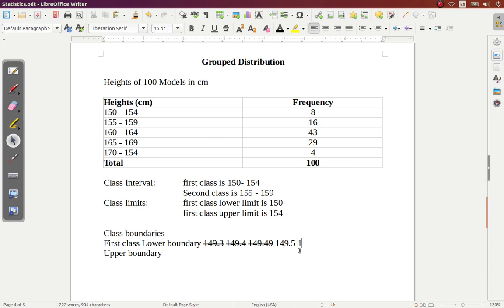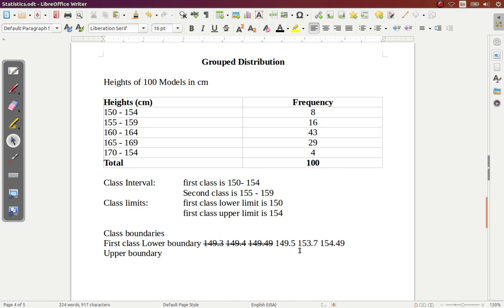You could go 153 point whatever, 0.7. You could go up to, suppose you had a measurement of 154.49. You would still include this in the first class because you would round it back down to 154.